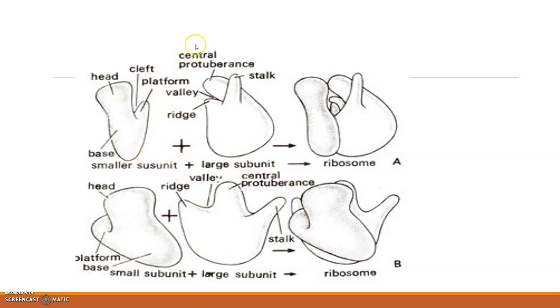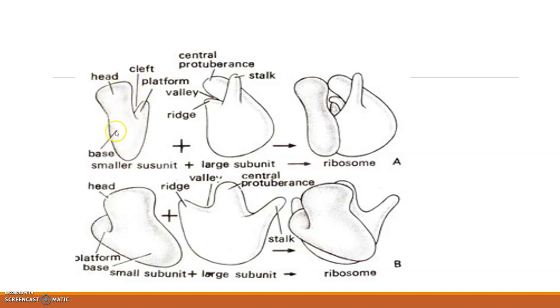Here the detailed structural details are given in this figure. You can see this is the smaller subunit, and the smaller subunit has different structural regions in it, and we name it differently. This region is called the base, and this is the head region.